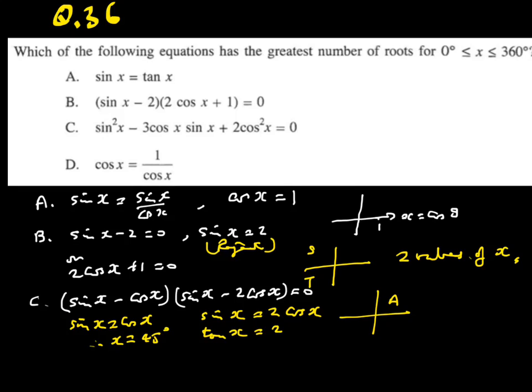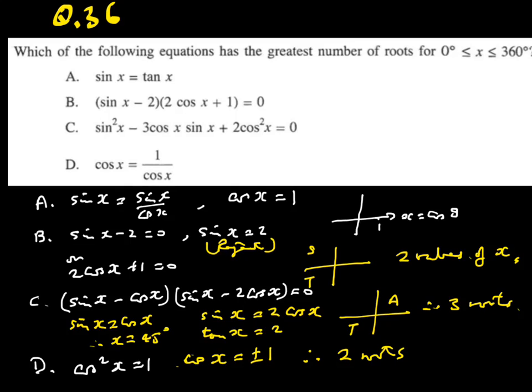So x is possible in the first quadrant and possibly in the third quadrant. So in here we have three possible values of x. And as for D, we square both sides, take the square root of the cosine, plus or minus 1, and hence we get two possible values. So the most number of roots is actually in C.